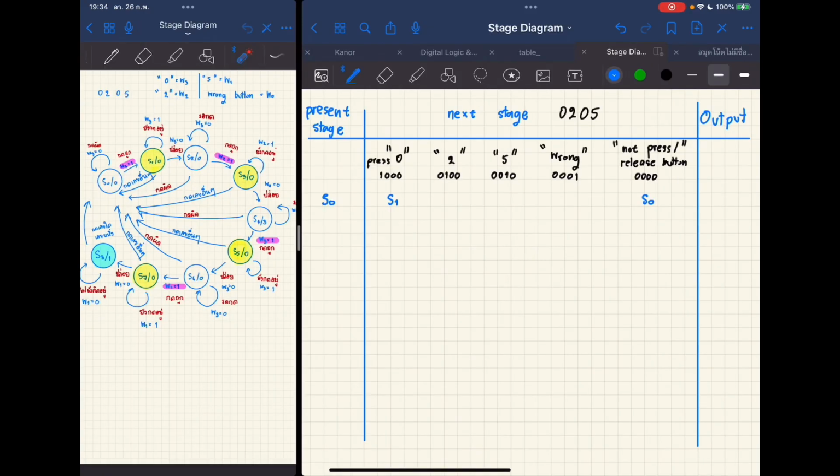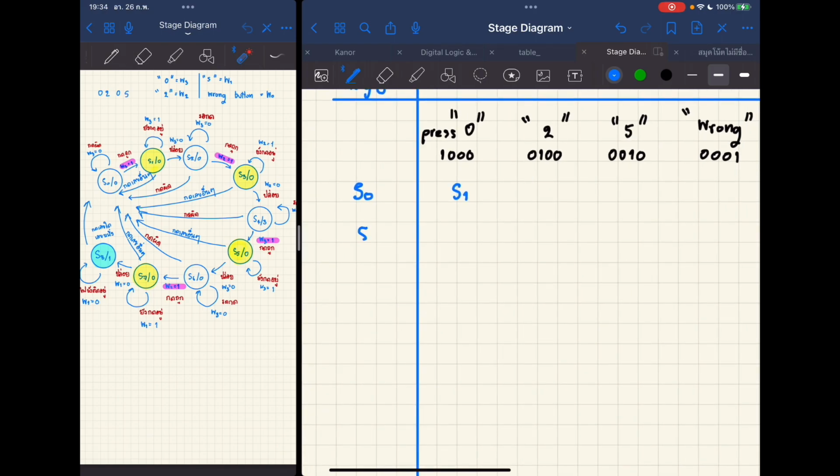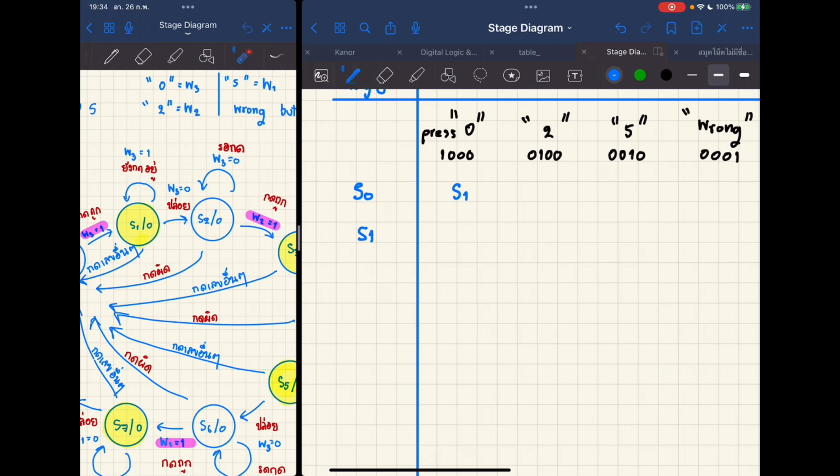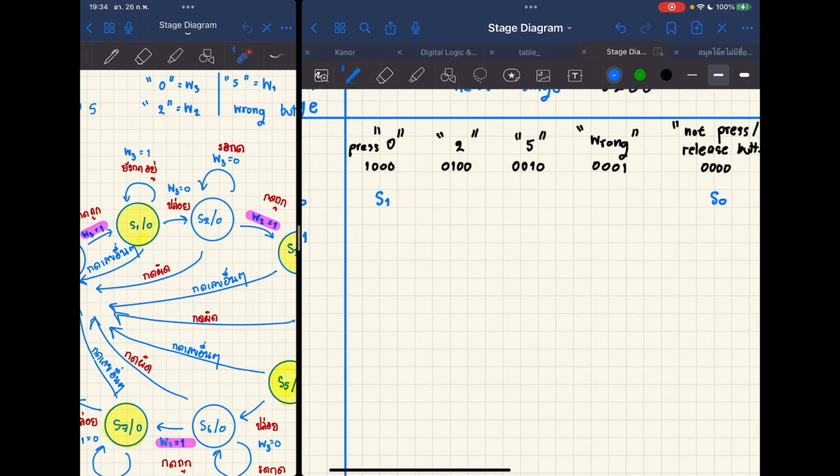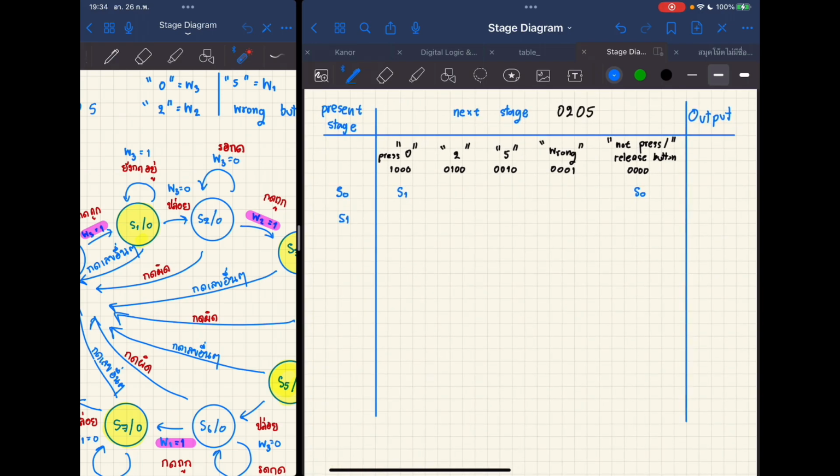And next is state 1. If we still press 0, it should stay in state 1. And if we release, it should go to state 2.